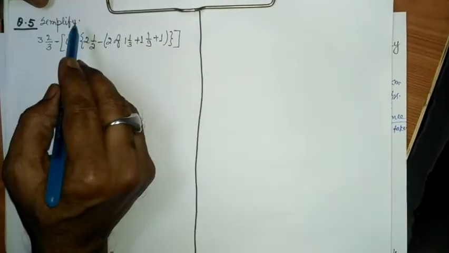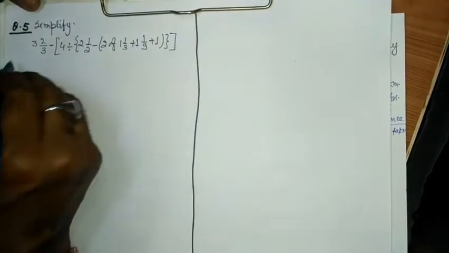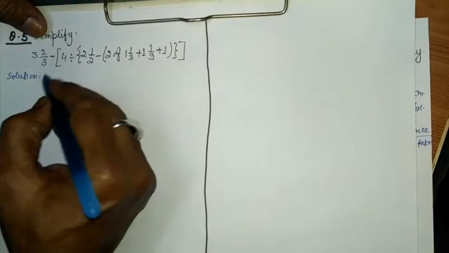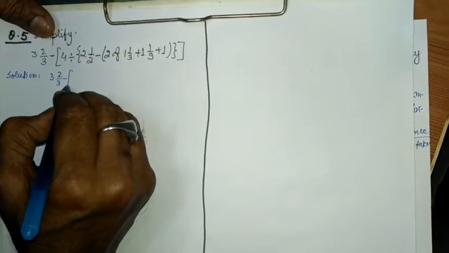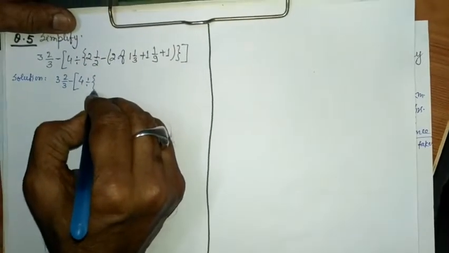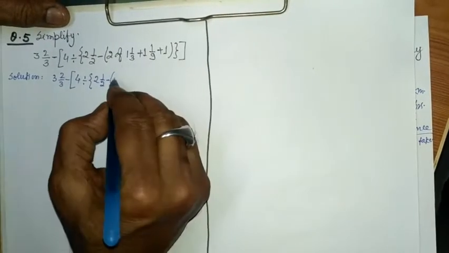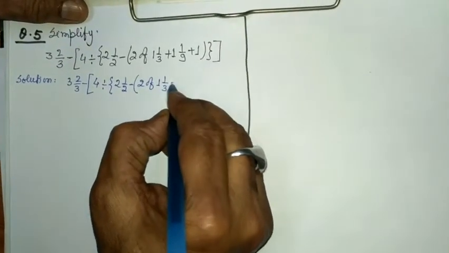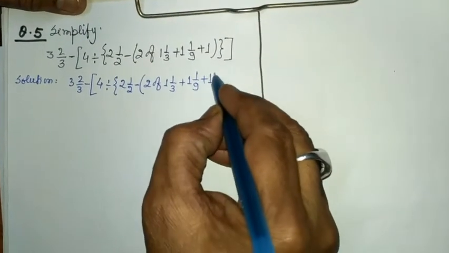Question 5. Simplify. This question is based on BODMAS rule. Solution. Given 3 whole 2 upon 3 minus square bracket 4 divide curly bracket 2 whole 1 upon 2 minus round bracket 2 of 1 whole 1 upon 3 plus 1 whole 1 upon 9 plus 1.